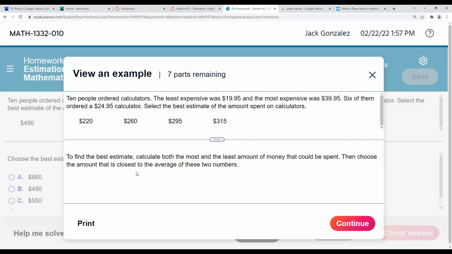Okay, let's look at this one just for fun. 10 people ordered calculators. The least expensive was $19.95, and the most expensive was $39.95. 6 of them ordered the $24.95 calculator. Select the best estimate.